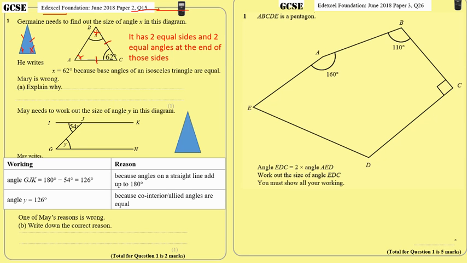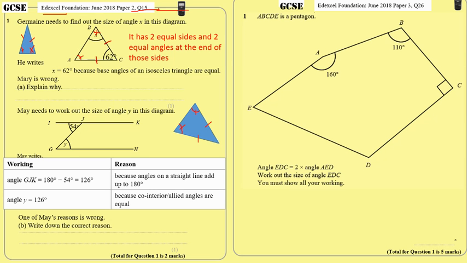I draw it here, but now I turn it for you this way, okay? And I say now this side and this side are equal. At the end of that side, this angle, and the end of this side, this angle, they are equal. Can you see?